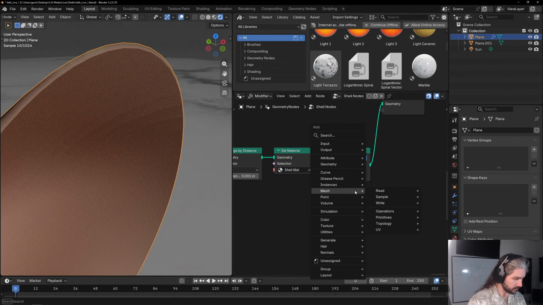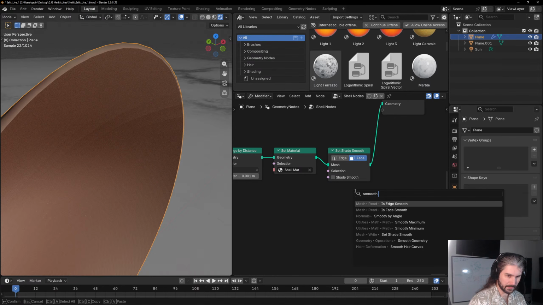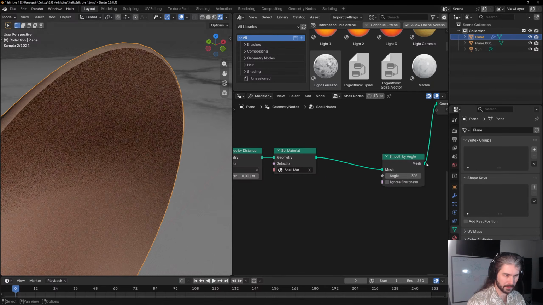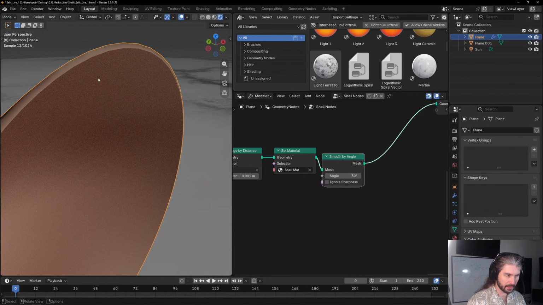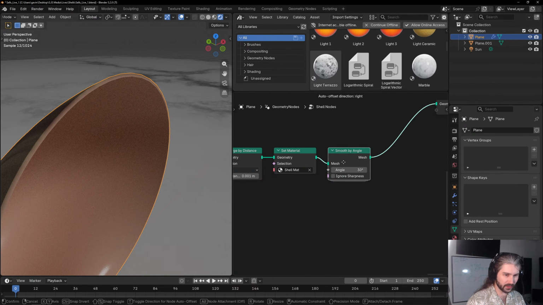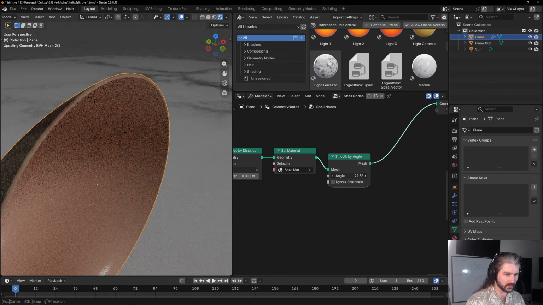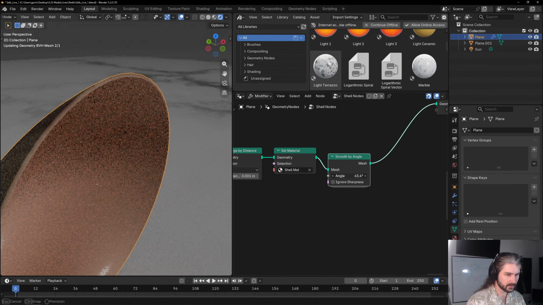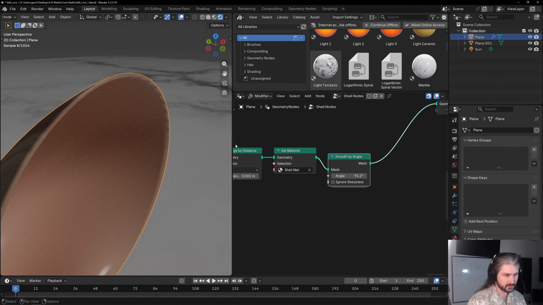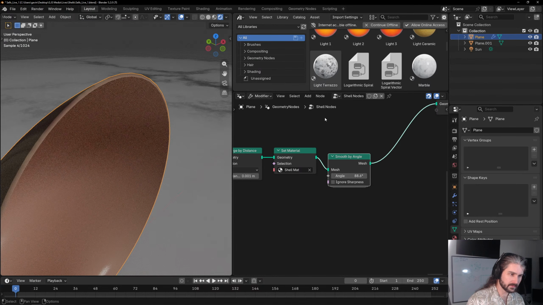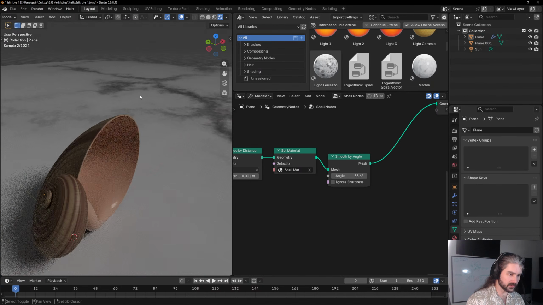Could also do it by angle. Gives us a bit of a hard edge there, but it gets rid of the weird triangulation that we had before. Yeah, that's some weird triangulation. Don't love it, but maybe that's good enough.